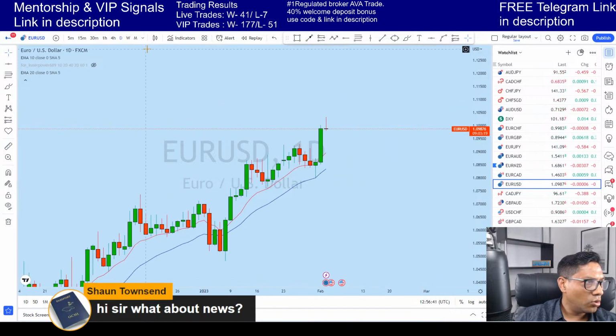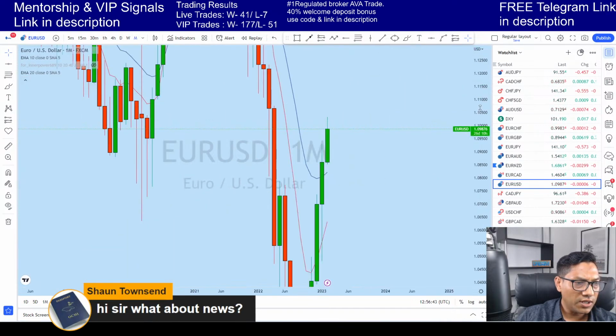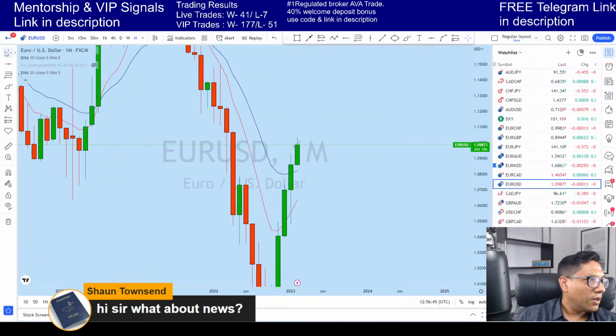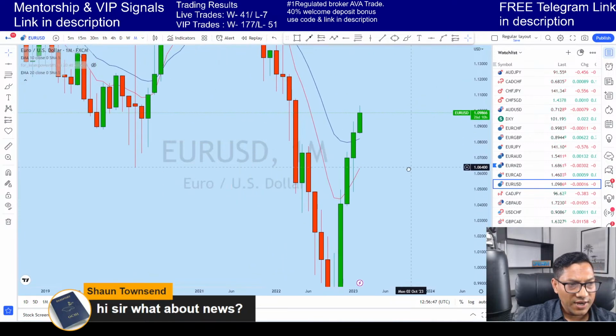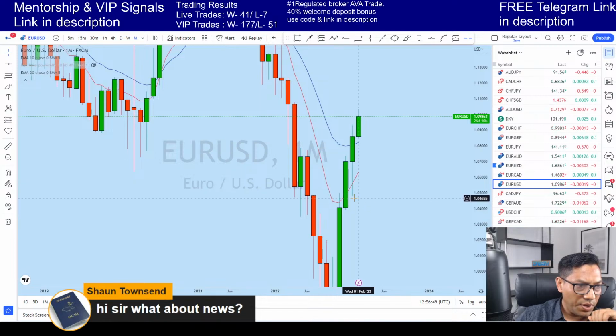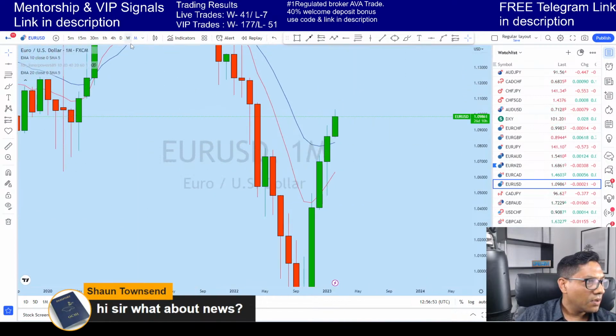Let's look at Euro dollar full analysis, looking at the monthly first of all. As you can see, this is the monthly candle that has closed on Euro dollar. There was a big bullish candle on the monthly perspective, and with that big bullish candle, Euro dollar from the monthly time frame created this big bullish move.